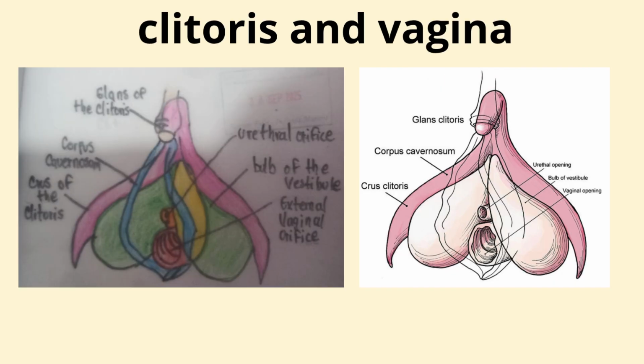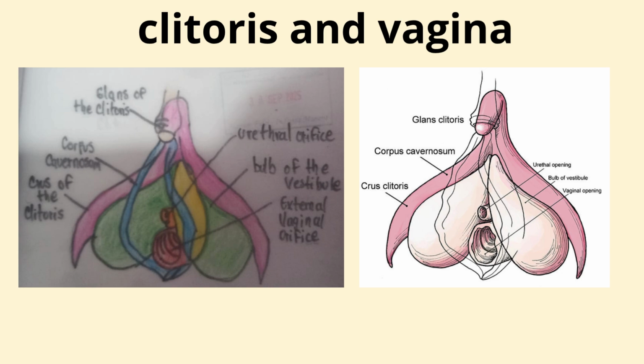This final diagram shows the internal view of the clitoris and surrounding structures. Here we can see the glans of the clitoris, the corpus cavernosum, and the crus of the clitoris. These parts fill with blood during arousal, similar to the male penis. Below, we have the urethral orifice and the external vaginal orifice, or vaginal opening.